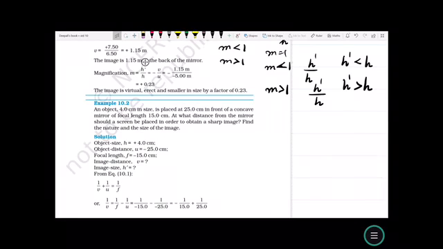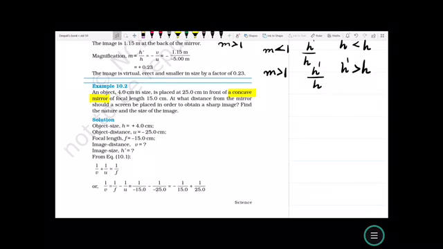Let us do one more example. An object 4.4 centimeter in size is placed at 25.0 centimeter in front of a concave mirror of focal length 15 centimeter. At what distance from the mirror should a screen be placed in order to obtain a sharp image? Find the nature and size of the image.